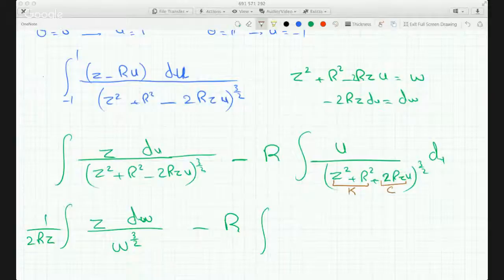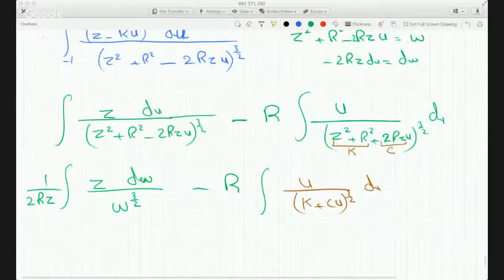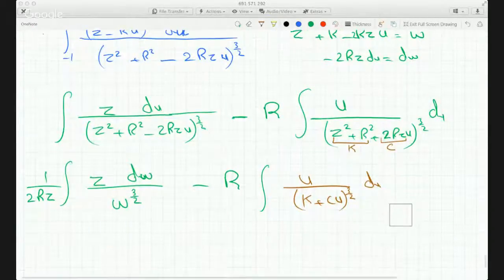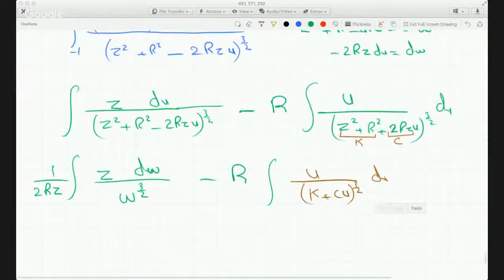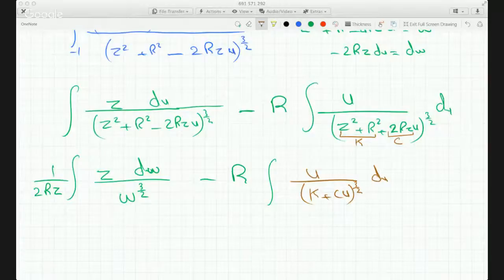Okay, so here we have the integral of u over k plus cu to the 3/2 du. The first one we're pretty much done with. The first one is easy. Well, I'll come back to the first one. Let me deal with this.